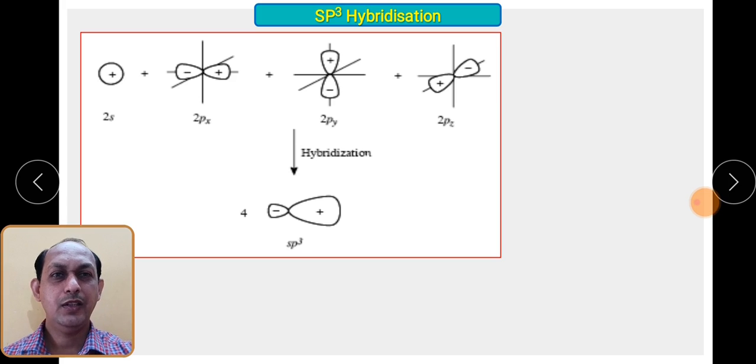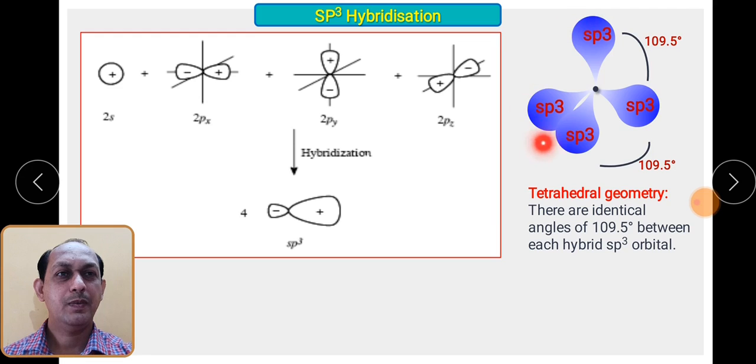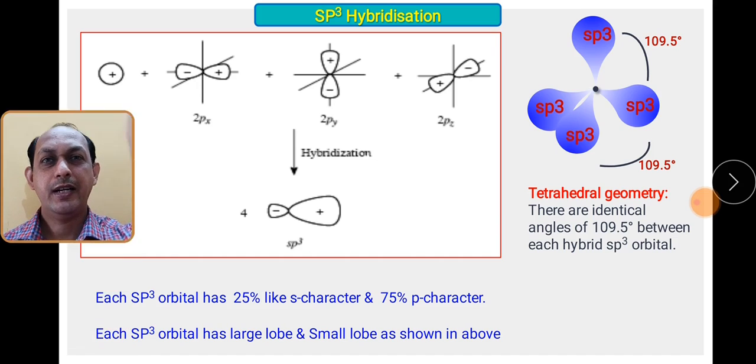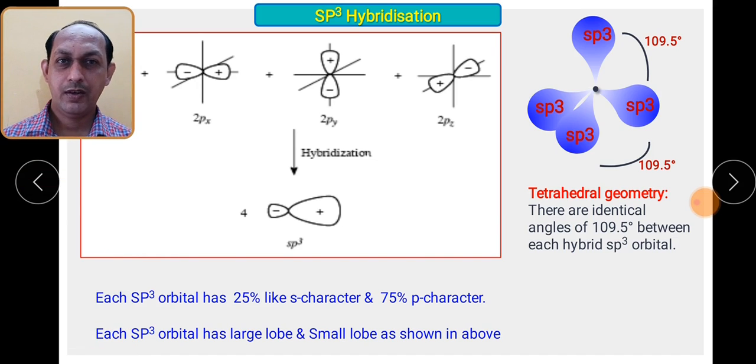So we can see the new orbital has this particular shape, sp3. There are four sp3 orbitals formed, oriented in space in this particular direction, and you can see the bond angle is 109 degrees 5 minutes. So this is a tetrahedral geometry, and these orbitals are oriented at the corners of a regular tetrahedron.